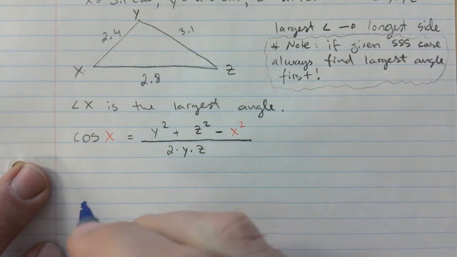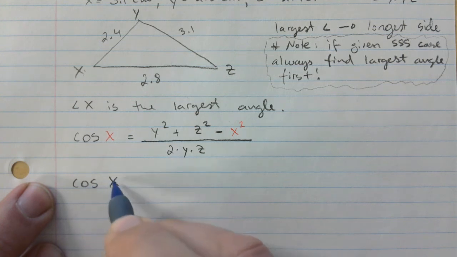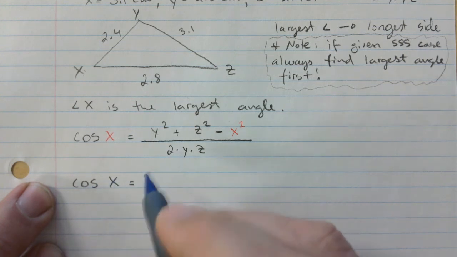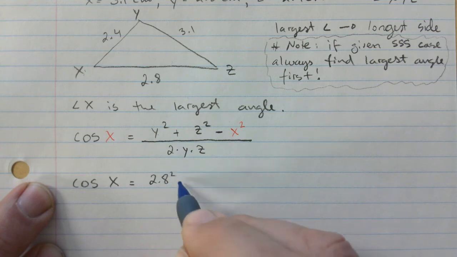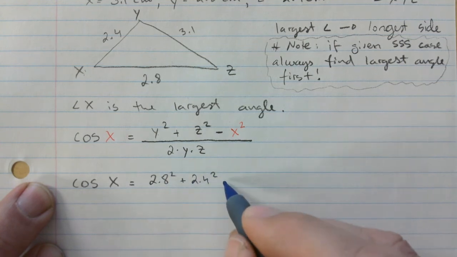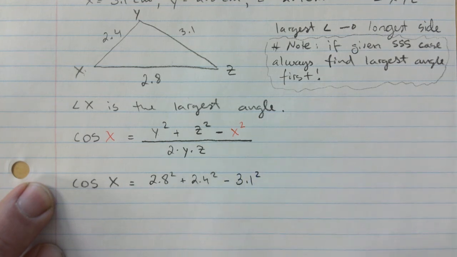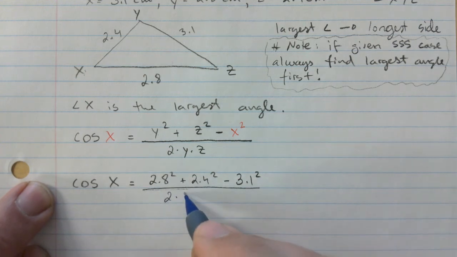Okay? So let's go and plug in. So cosine of x, which you're trying to find, is equal to 2.8 squared plus 2.4 squared minus 3.1 squared, all over 2 times 2.8.